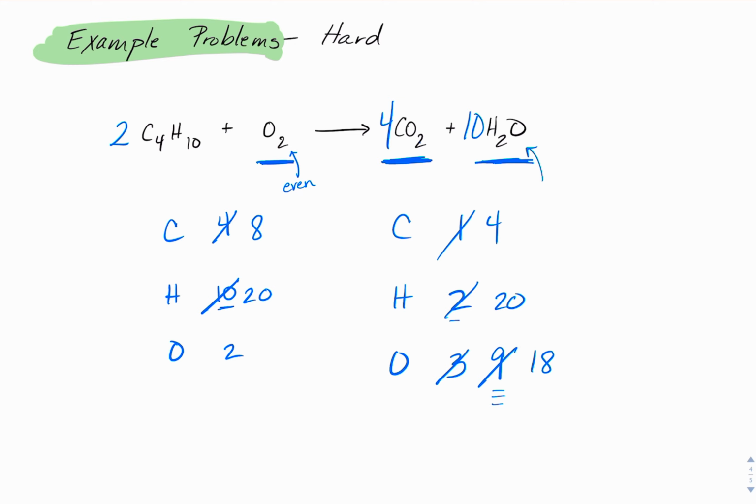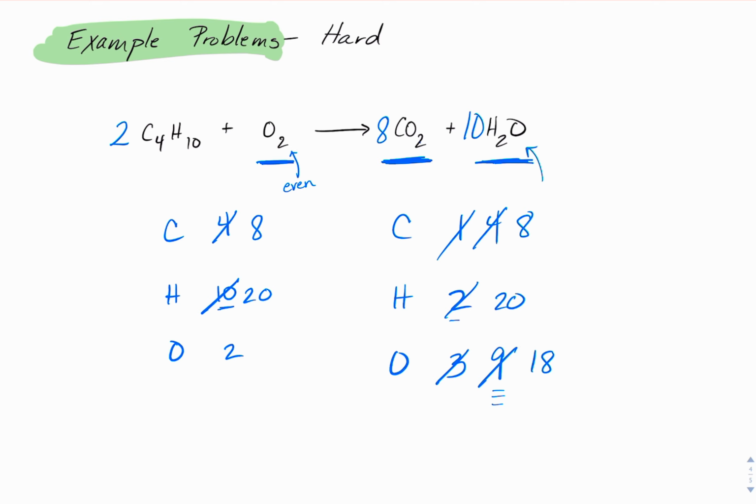And so we might need to do that on the right hand side over here. So we'll get rid of the 4. That gives us 8, and that number is going to be a different value. We'll have a total of 8 carbons on the right and 8 on the left, and our hydrogens are balanced with 20 on the left and 20 on the right.